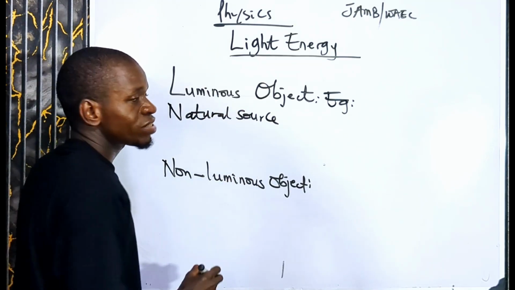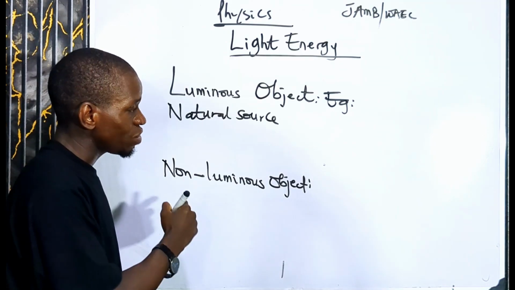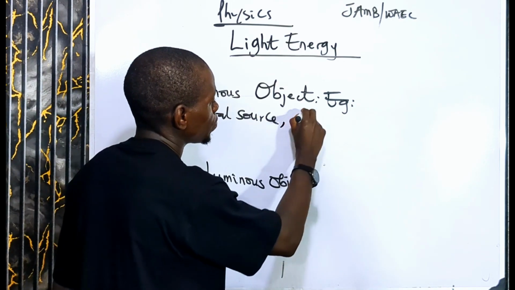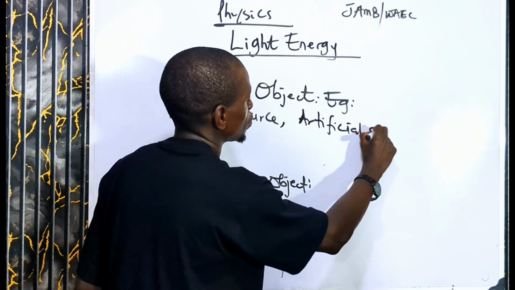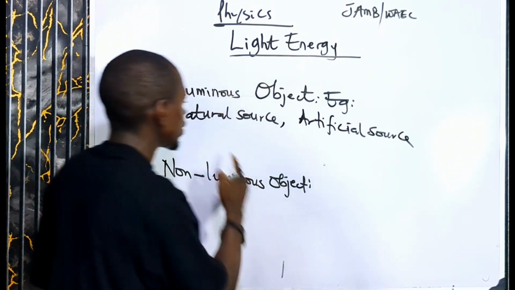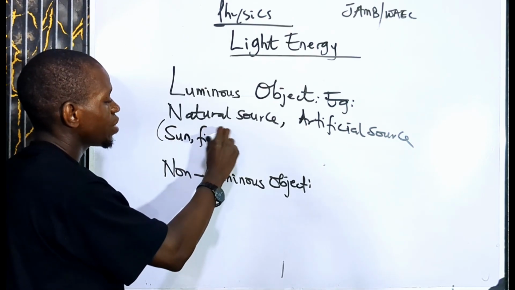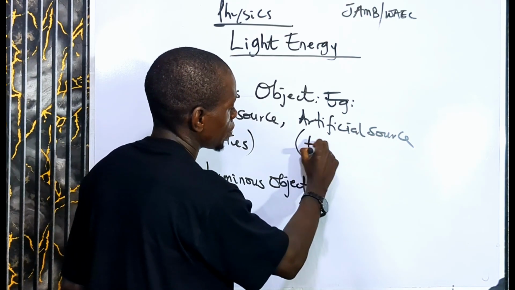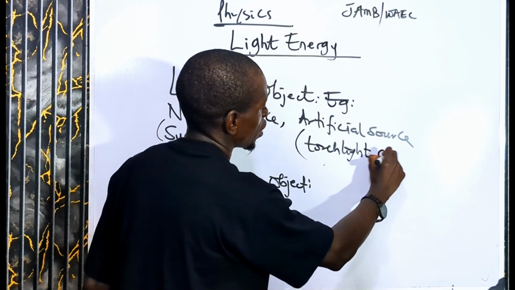Please, if you do not remember what I said about examples of natural sources of light, take this video a little bit back to where I gave them, and also all the examples of artificial sources of light. Remember the natural sources, the sun, the fireflies, and so on, and the artificial ones, torchlights, car headlamps, and so on.